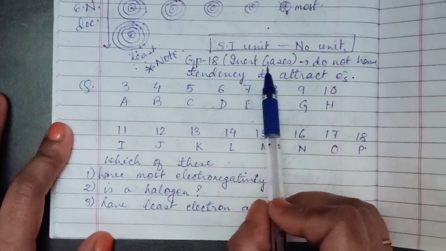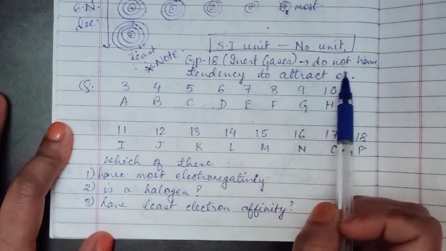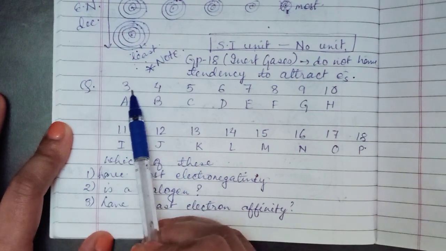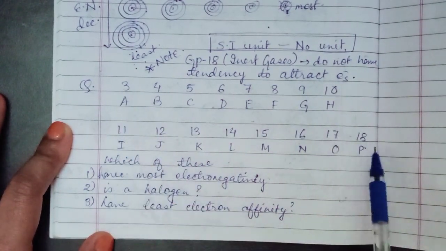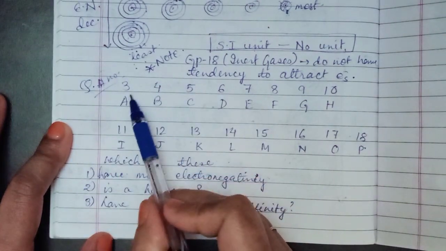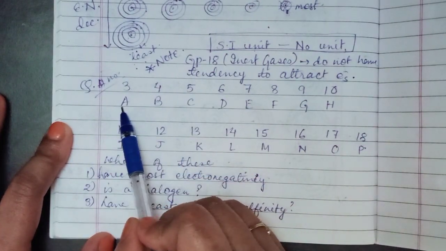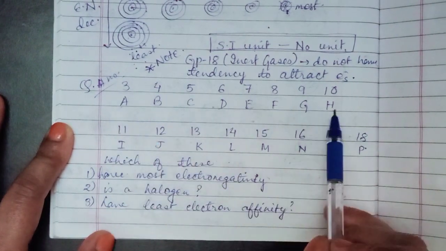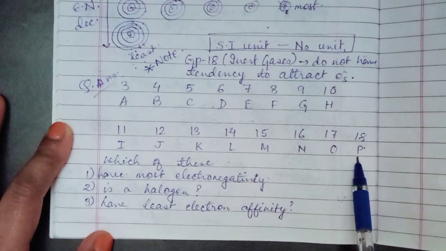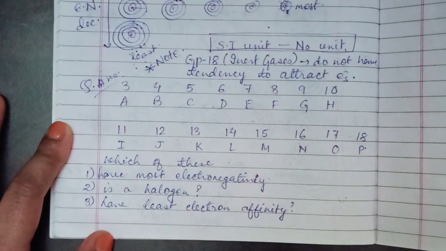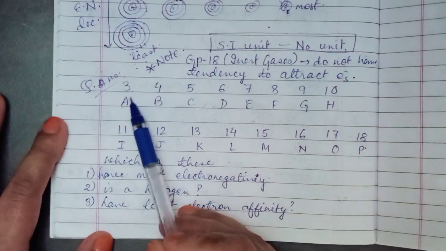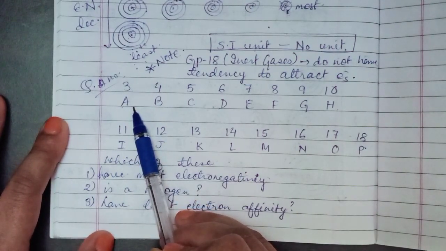Now see here, one question: atomic numbers are given here from 3 to 18, and for each atomic number there is an alphabet below it, A, B, C, D up to P. You have to use only these. 3 atomic number is A. You will not write lithium.